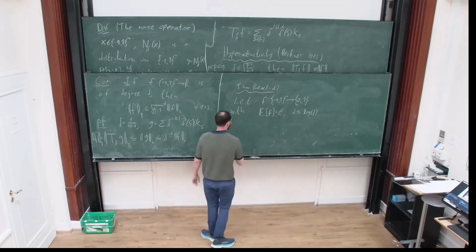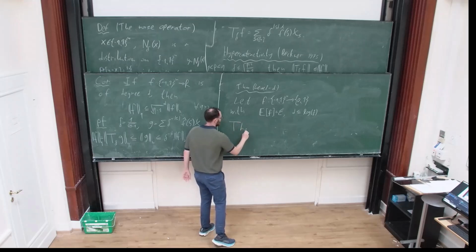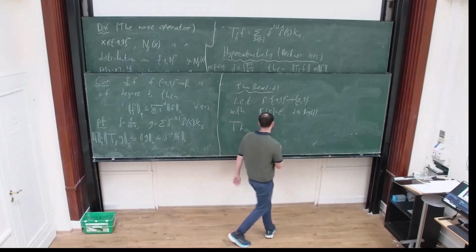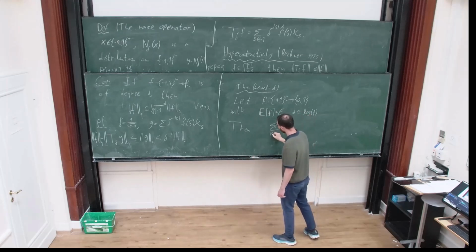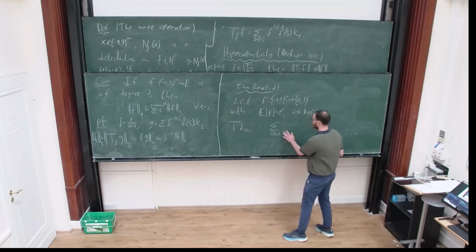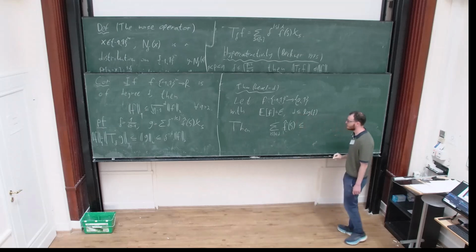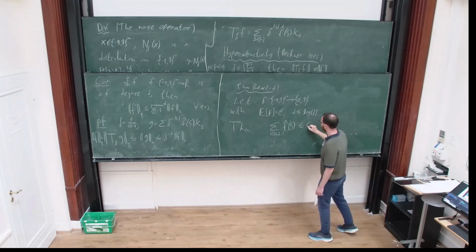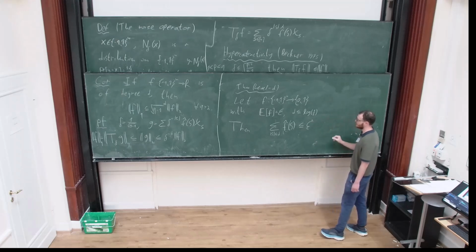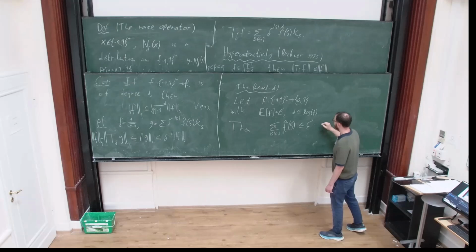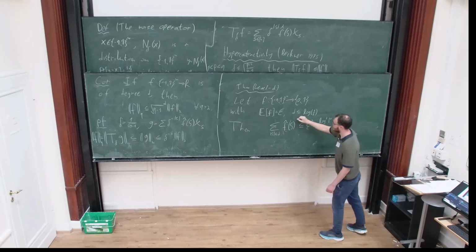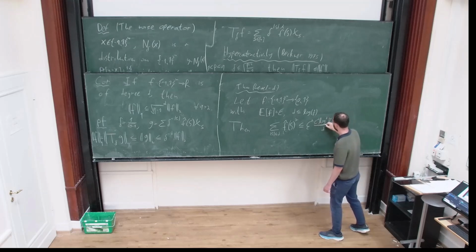By optimizing the parameters, you can show that if you sum all the Fourier coefficients at level d, you get that this is at most epsilon squared up to logarithmic factors, with the d-dependent constant.